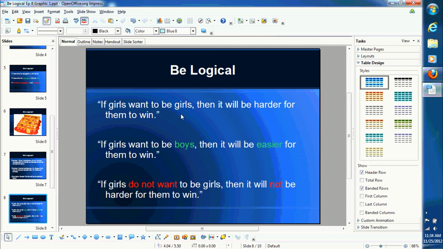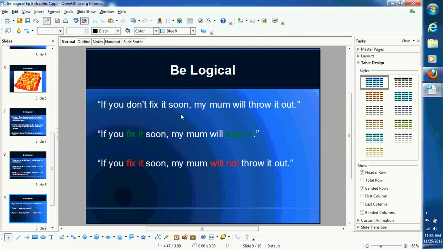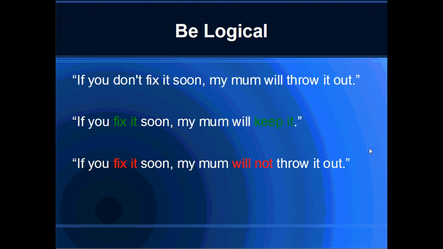Okay? So this is how we would express that. Actually, she already expresses it in a conditional proposition. If you don't fix it soon, my mom will throw it out. So now, we can't really make don't fix it contrary, or at least I don't see how. So all I get is, if you fix it soon, my mom will keep it.